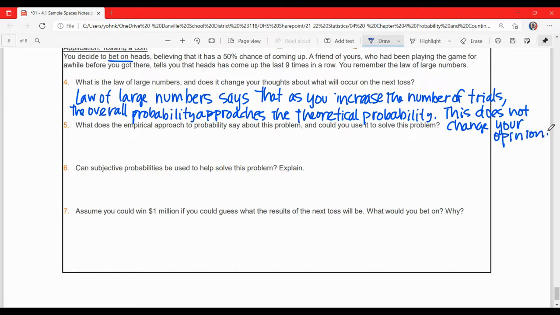Number 5 says, what does the empirical approach to probability say about this problem? And could you use it to solve this problem? Well, empirical probability is based on running an experiment and looking at the results. And I can't do that at this time because I haven't tossed the coin 10 times to know what's going to come up on the 10th flip.